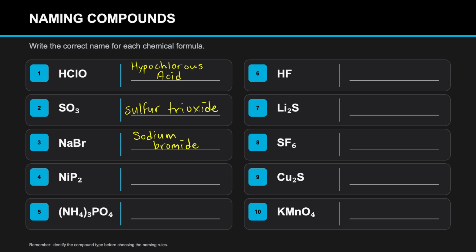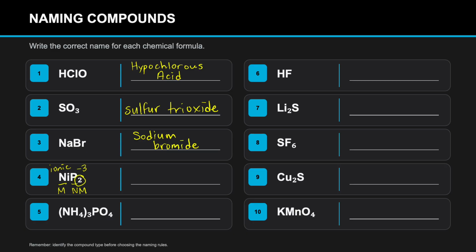Next up, we have NiP2. Nickel is a metal. Phosphorus is a nonmetal. So again, we have ionic. Now, we know nickel is a transition metal, so we need to identify the charge and put it in for Roman numerals. So phosphorus, that's in group 15, so it's going to have a -3 charge.